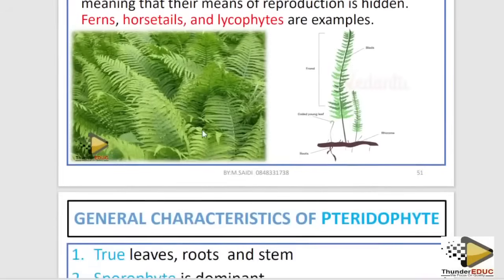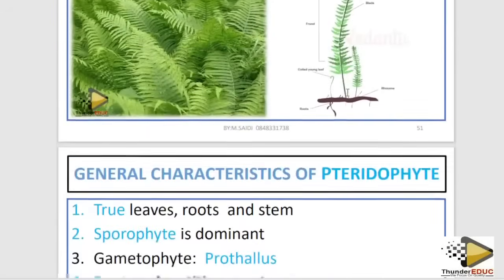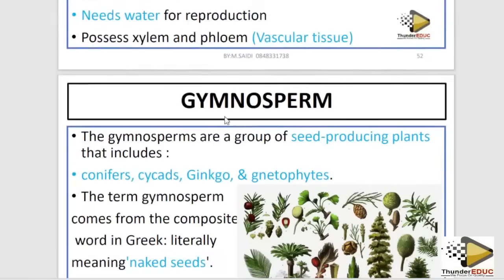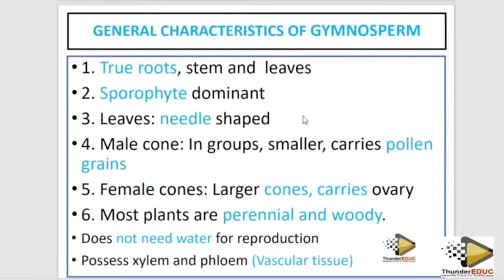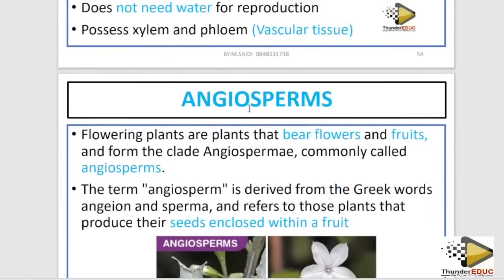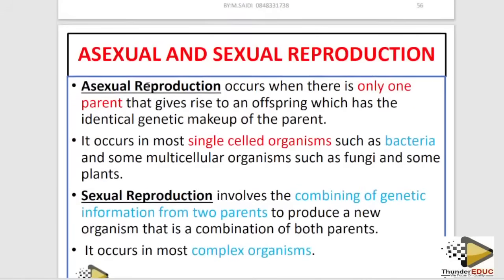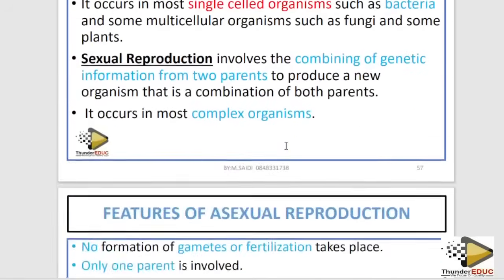Then we said the properties. We said the characteristics. These ones are naked seeds. These ones are true, they have a fruit, meaning that the seeds are enclosed in a fruit. Then I said that in the angiosperms, asexual and sexual differences, you must know them.